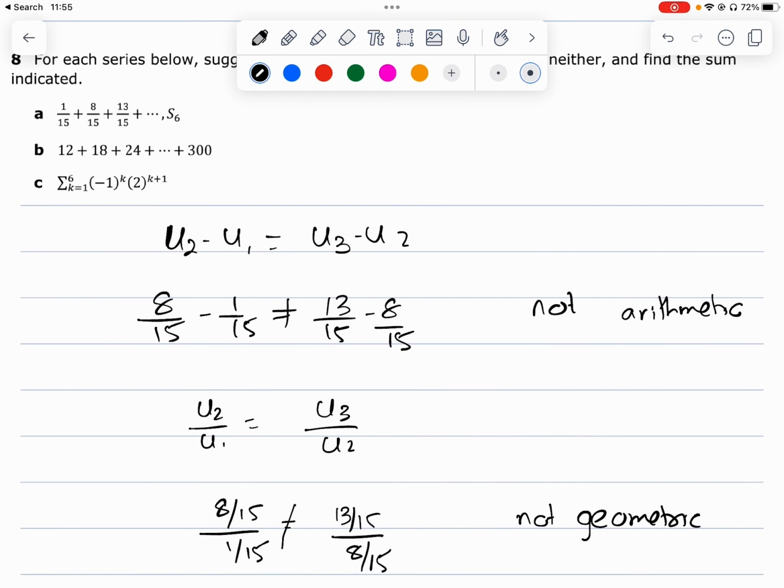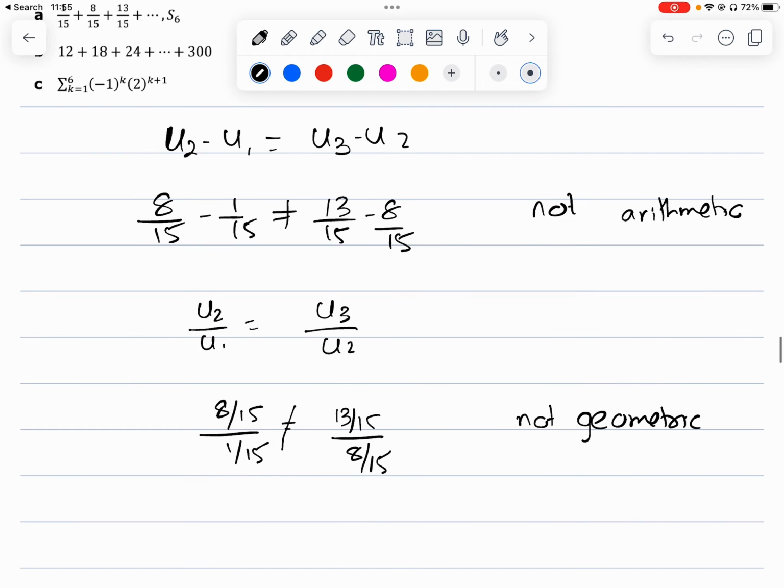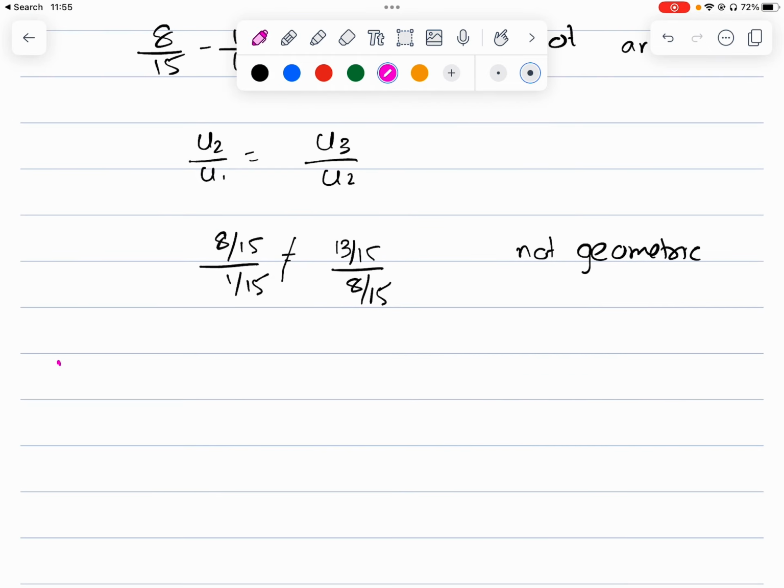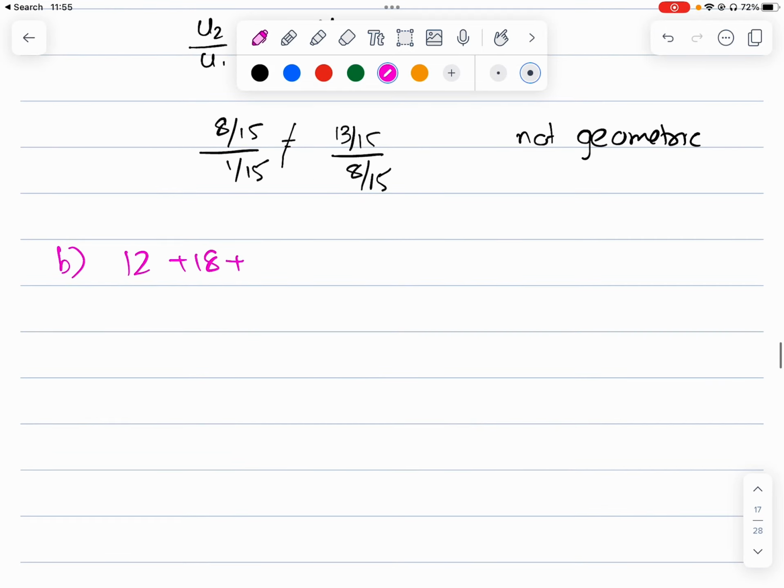Coming to part B, 12, 18, 24, up to 300. 18 minus 12 equals 24 minus 18, so it is arithmetic. We need to know the nth term.